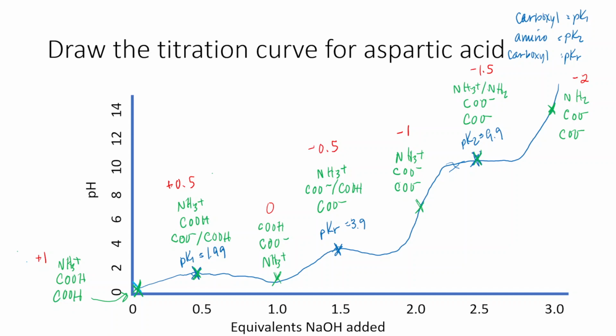Cool. So where is our PI now? Which equivalence point? Yeah, so our PI is now at our first equivalence point. That's where our net charge is 0. So how would we calculate the approximate pH of that?